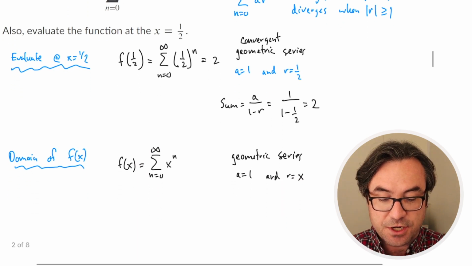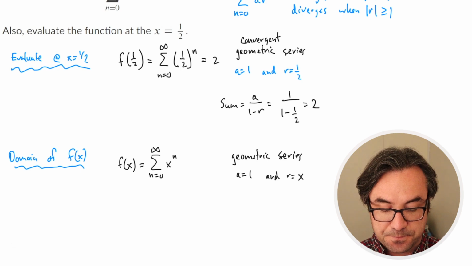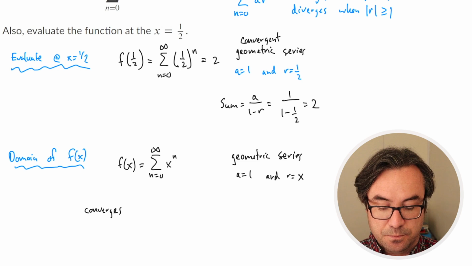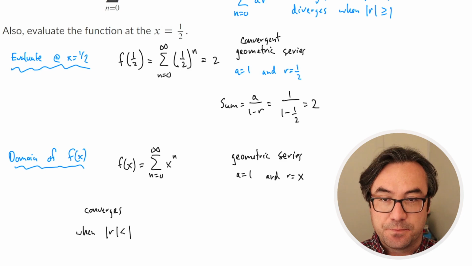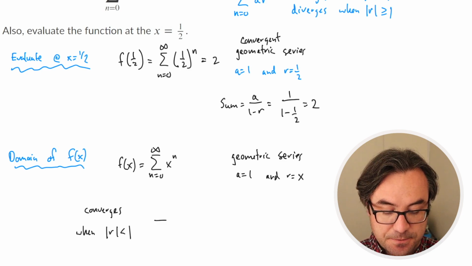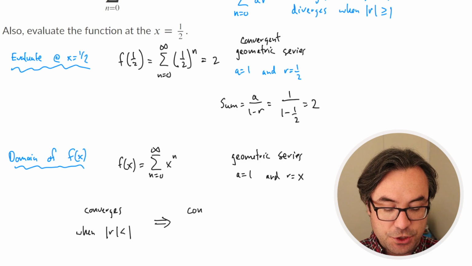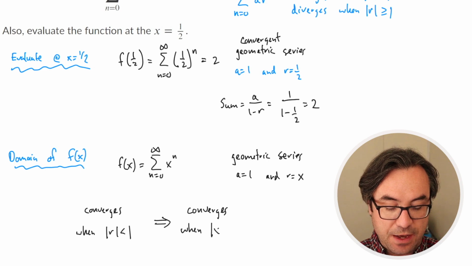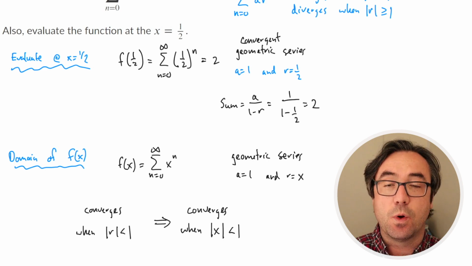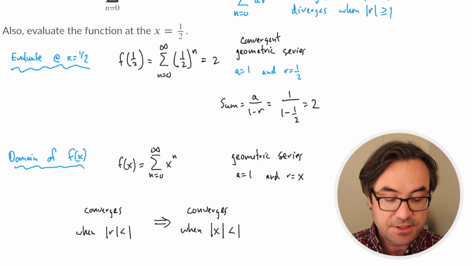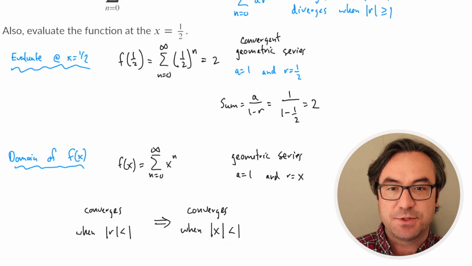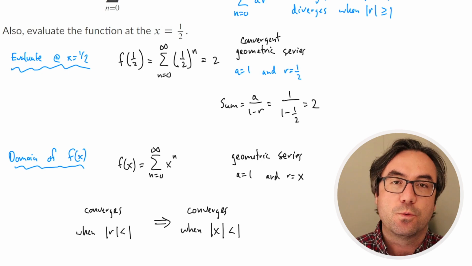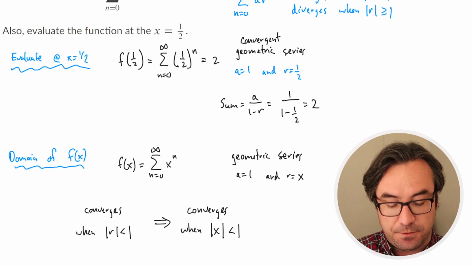And we know that this converges when the absolute value of r is less than 1. So that means it converges when the absolute value of x is less than 1. And that describes our domain. So we're going to write this as an interval.